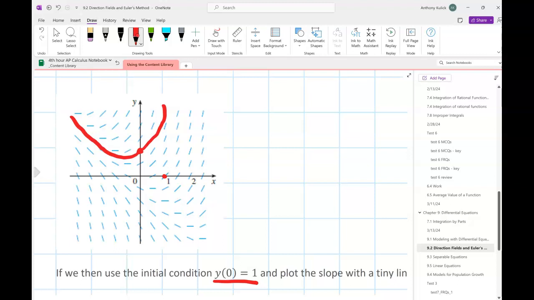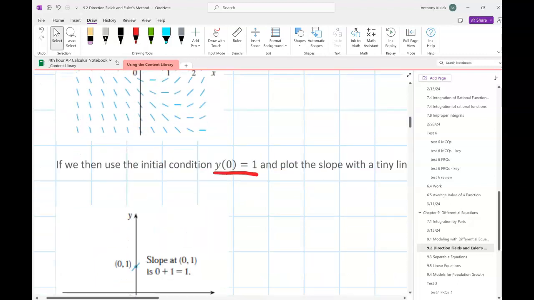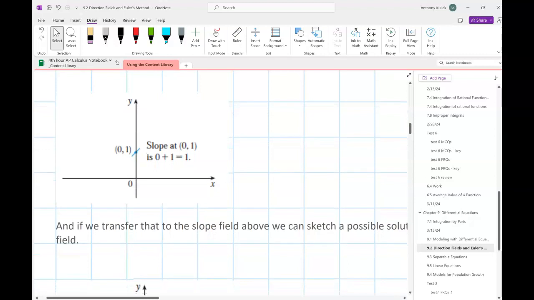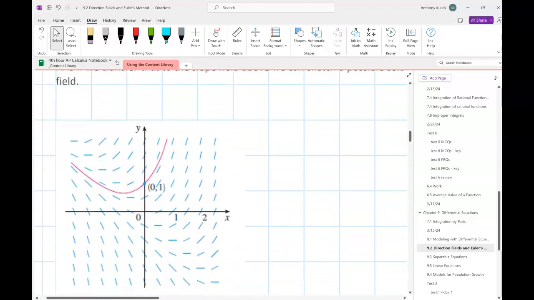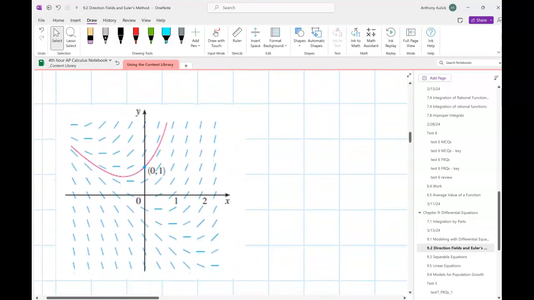So it maybe looks like that. You guys buy that? I'm just using the slope field to trace through what that would look like. So I start with, hey, there's my slope at 0, 1. The slope is 1. And I just follow the slope field and I get something that looks like this. Look, what I drew is almost remarkably like what it actually is.